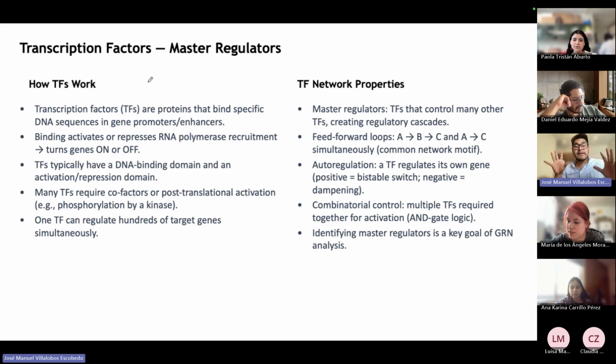We can work with transcription factors, which are super important, and we can detect a transcription factor in the network and say, okay, this node is super important, it's a transcription factor, and we can give it a weight because they are regulators. They are master regulators. They are able to modify the interactions.